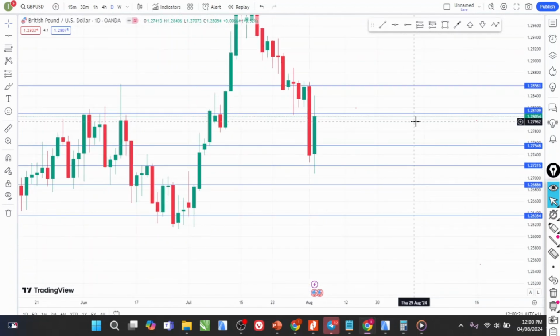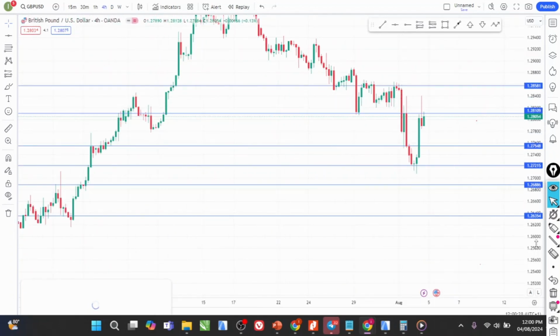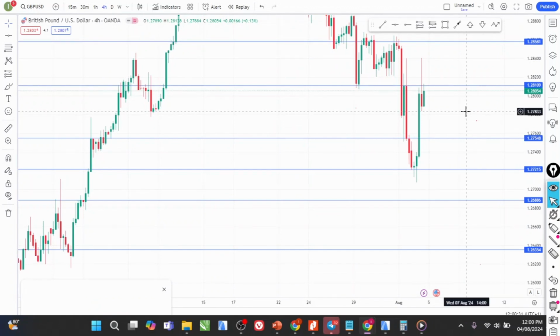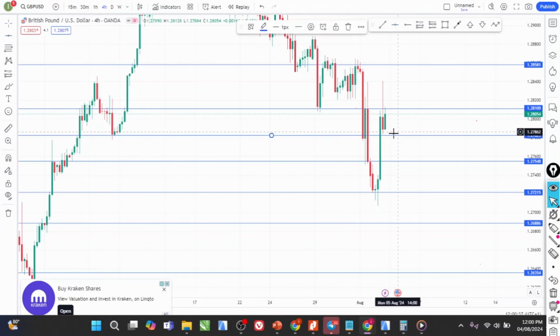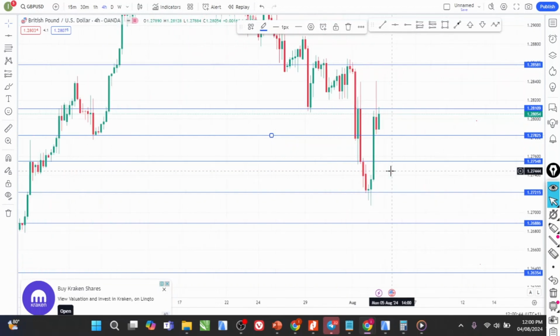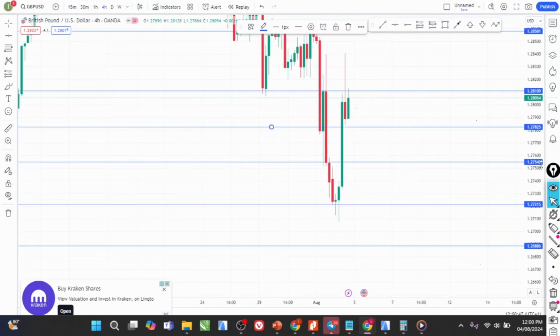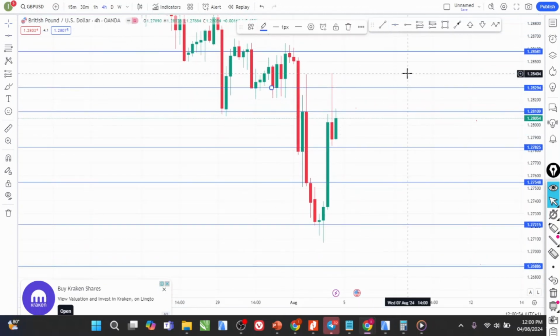Now we scale down to the 4 hour time frame. So on the 4 hour time frame, the picture is becoming clearer now. We have another zone here, and which other one? We have a zone here as well.